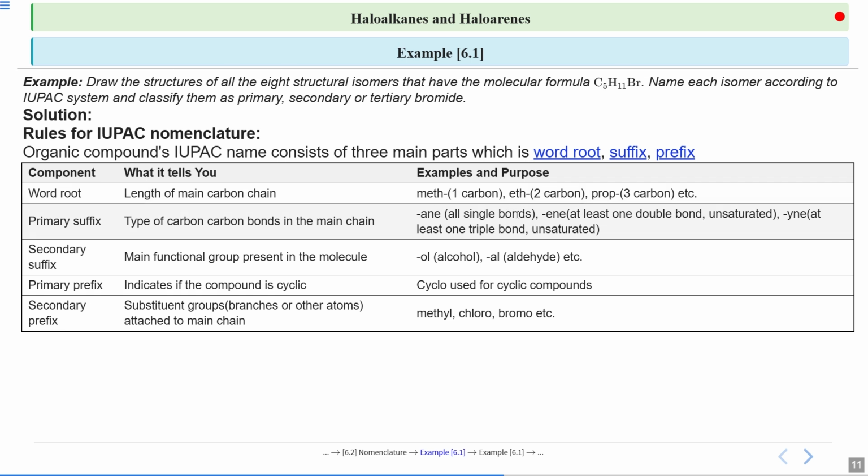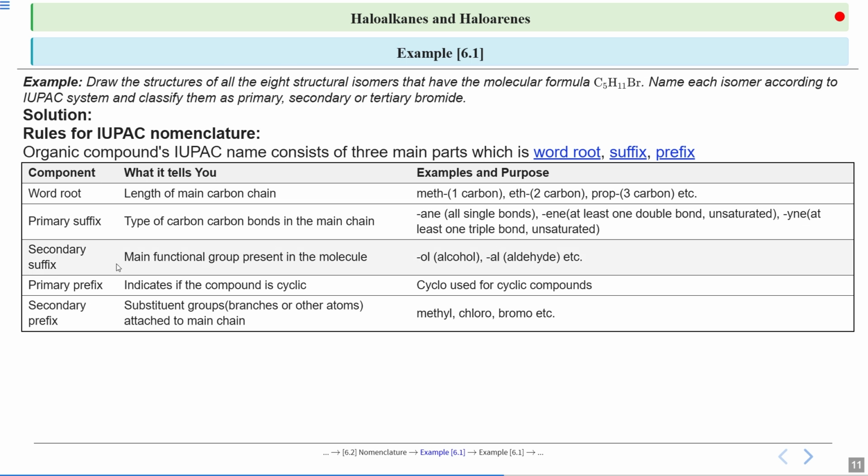If all single bonds are present in our parent chain, then we use ane as the primary suffix. If we have at least one double bond, or an unsaturated hydrocarbon, then we use the primary suffix ene. Similarly, we use the primary suffix ine when at least one triple bond is present in our parent chain, or it is an unsaturated hydrocarbon.